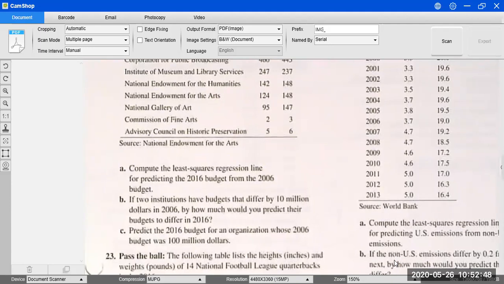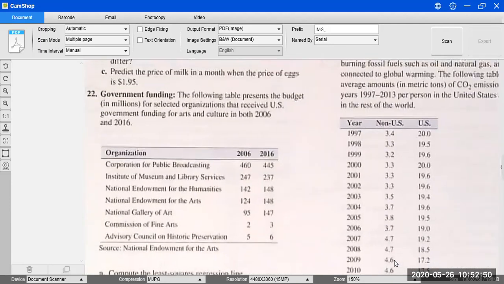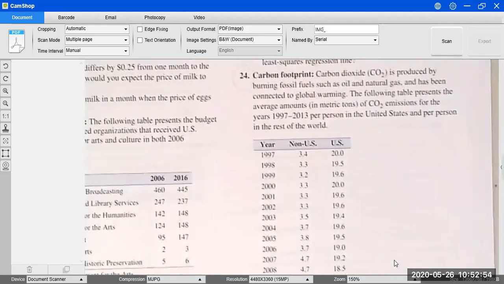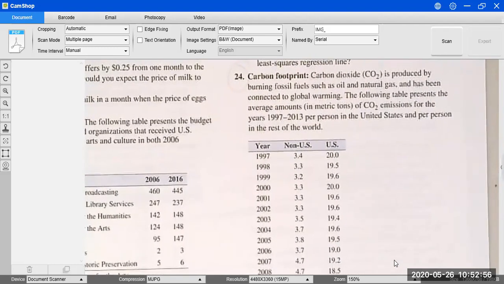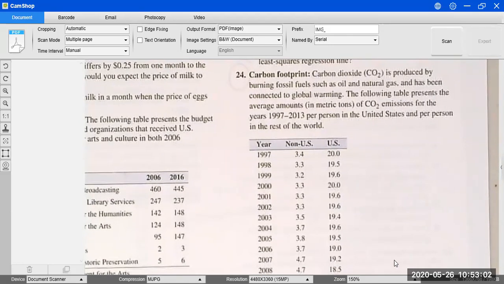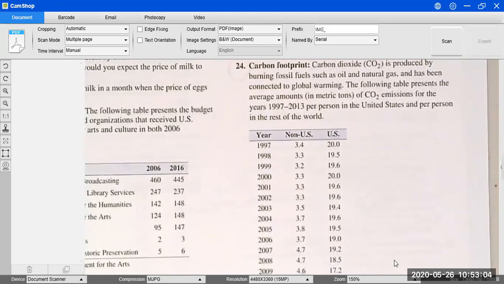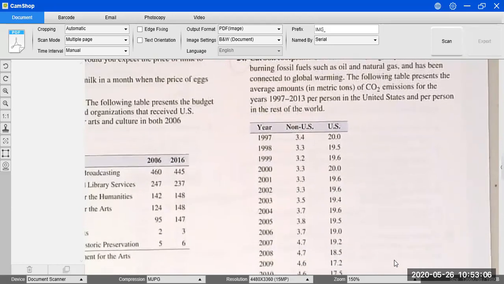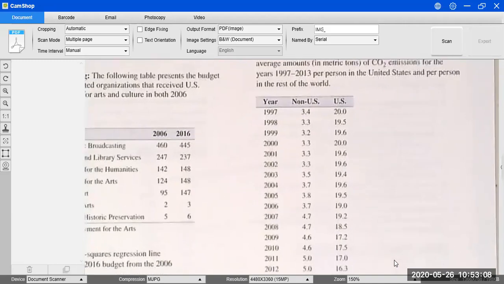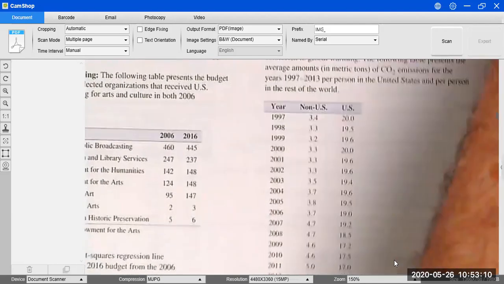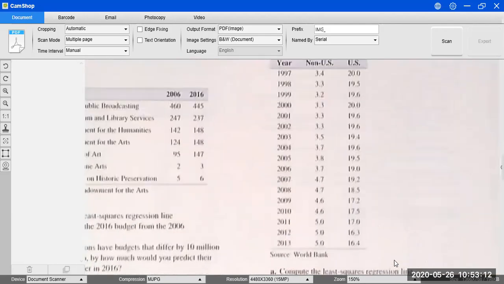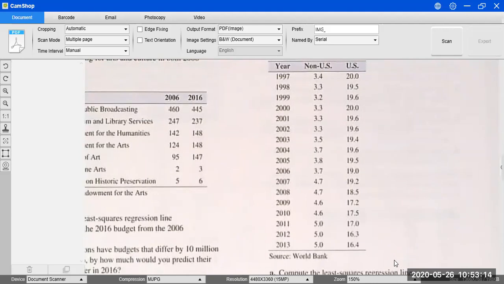So now, problem 24 is here. It's the carbon footprint for the US and other countries during several years, 1997 through 2013. So you have the data set first. You already have this data set, so take a screenshot.